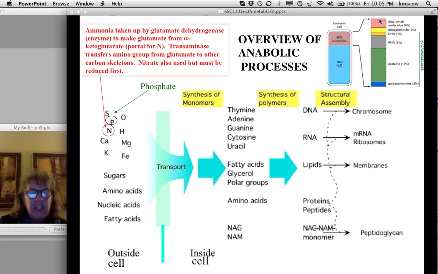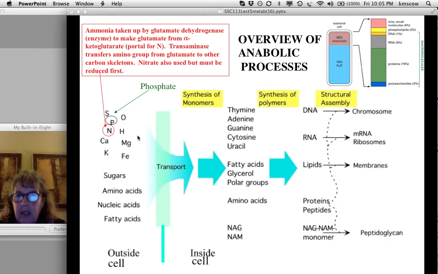There's a small portion that are not macromolecules, but they're small constituents. But then we have phospholipids, DNA, look at all our friends, RNA from the methods lecture, and then a whole lot of protein, right, and polysaccharides. So these are all these macromolecules, or these polymers, right? Macromolecules are polymers that make up the cell.